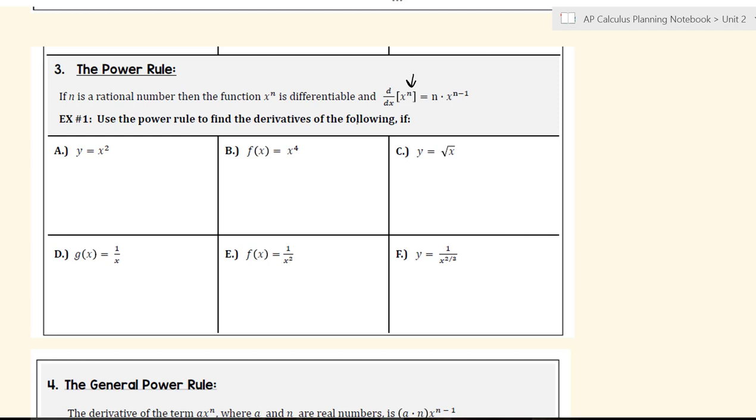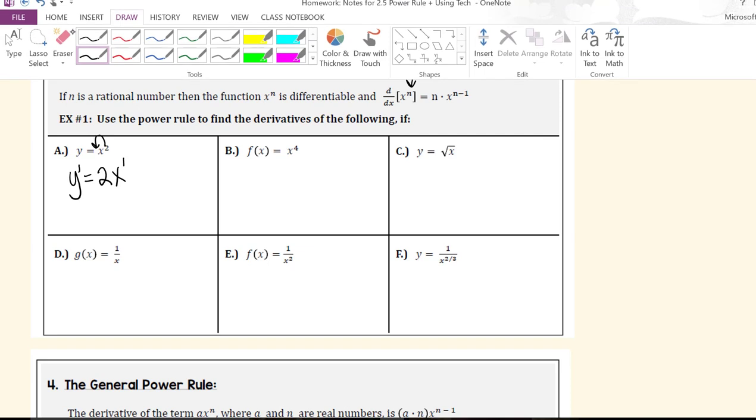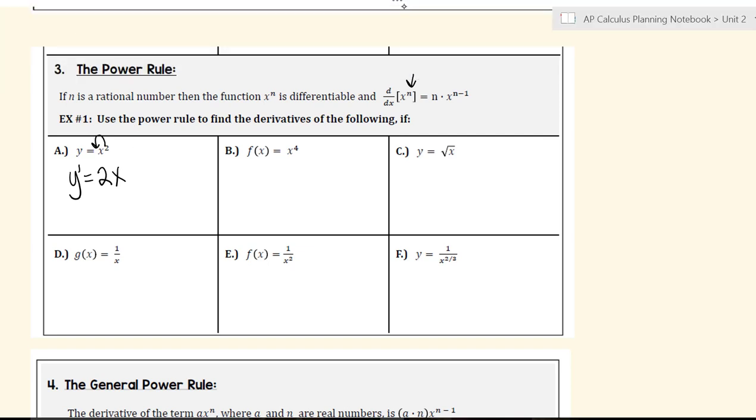So use the power rule to find the derivatives of the following. I'm going to say y prime equals, because I'm taking the derivative, this 2 comes down and becomes a coefficient, and then I reduce the exponent by 1, so 2x to the 1, or just 2x. Here's my general equation for the derivative.